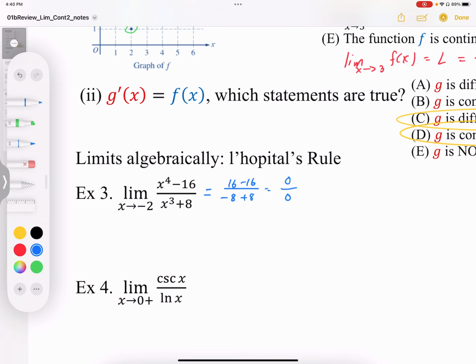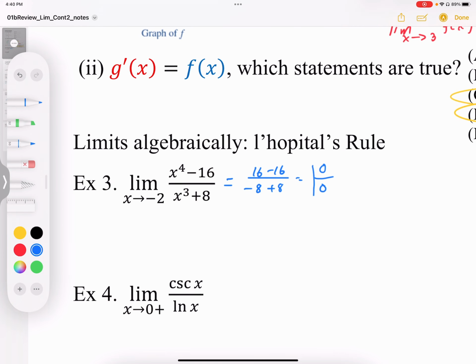Okay, that can be a bit of a problem, but when it comes to L'Hopital's rule, this is a good thing because we now have the condition to be able to apply L'Hopital's rule. So we just differentiate. Applying L'Hopital's, I have the limit as x approaches -2, and I end up with 4x cubed over 3x squared.